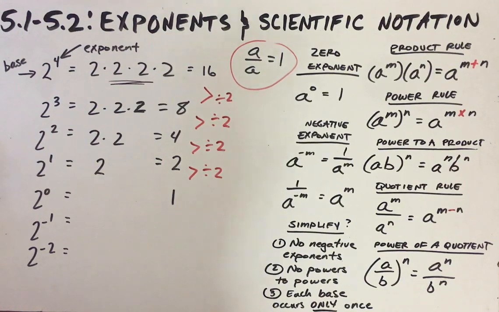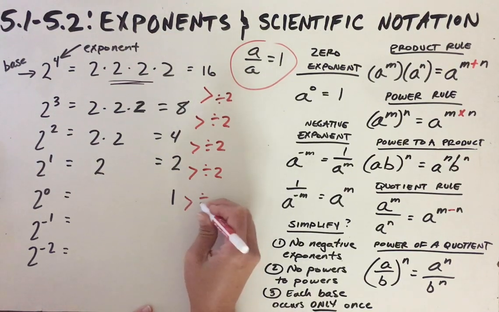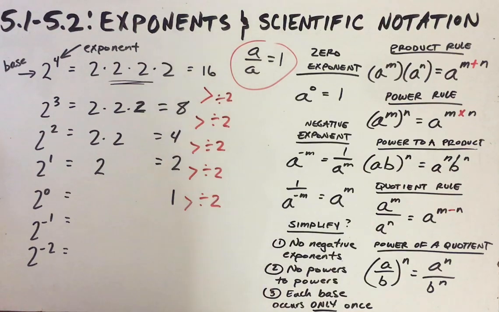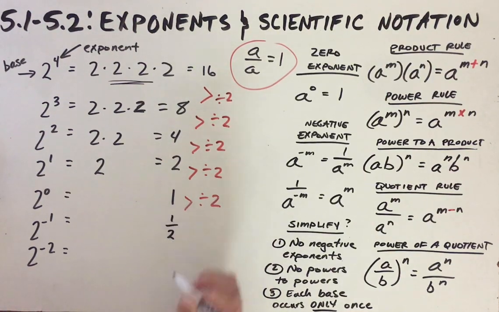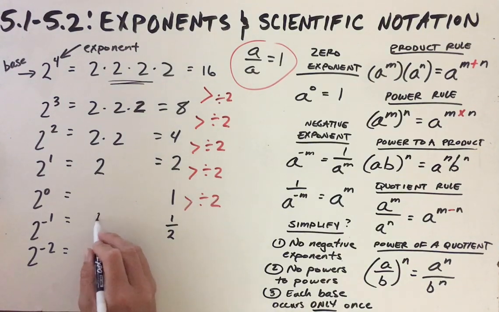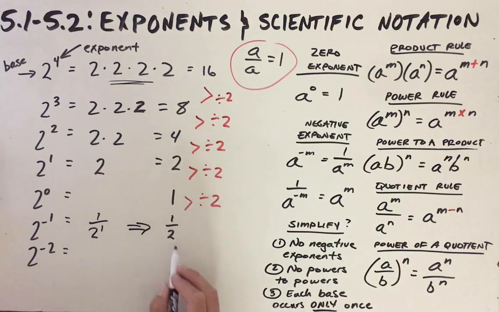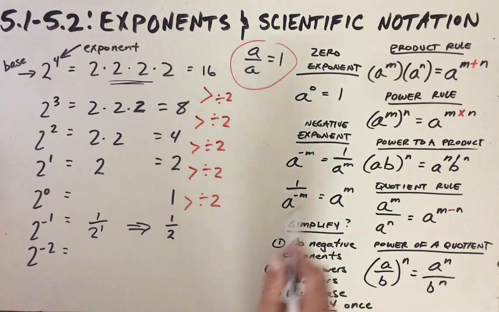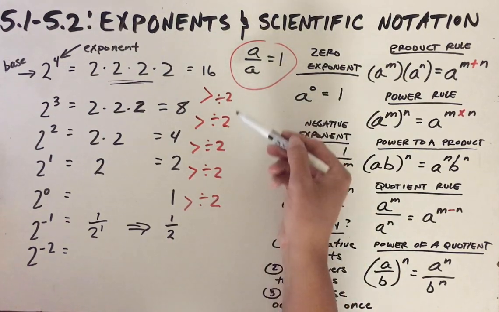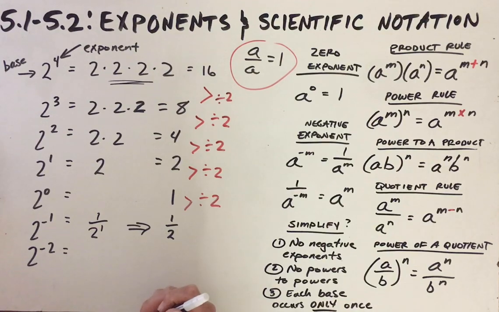So if the pattern continues and I divide this by 2, this literally means I'm going to have 1 and divide it by 2. Well, you can see that that's the same thing as 1 over 2 to the first power. So 2 to the negative 1 is the same thing as 1/2. That's what this rule says, and we just showed the pattern and the reasoning behind the why.